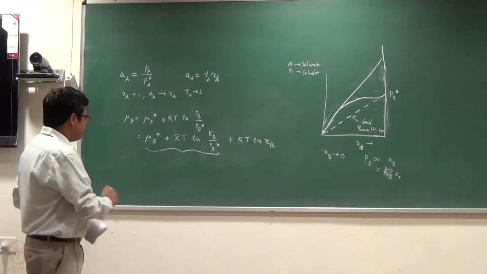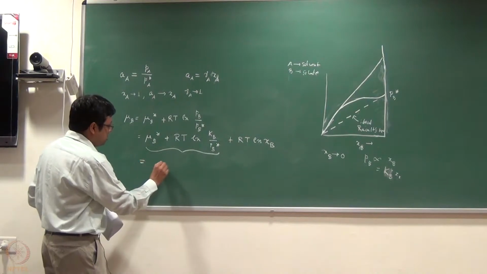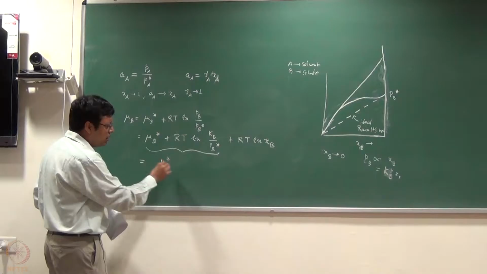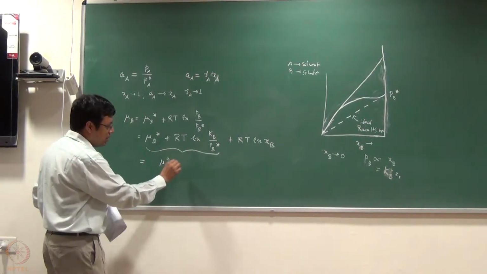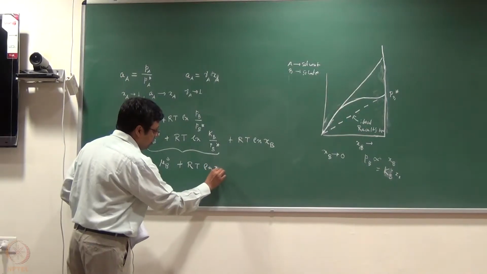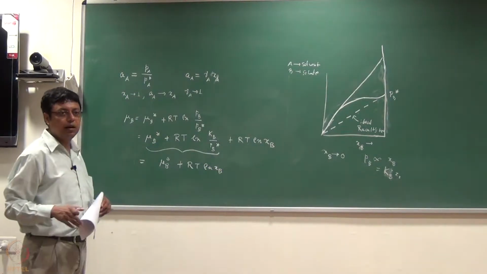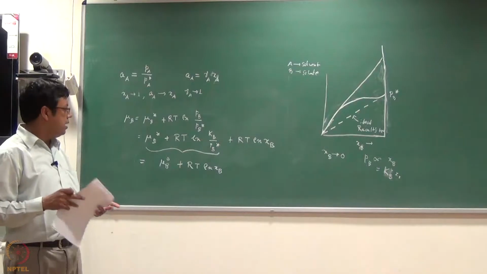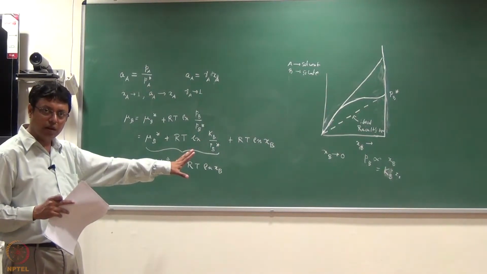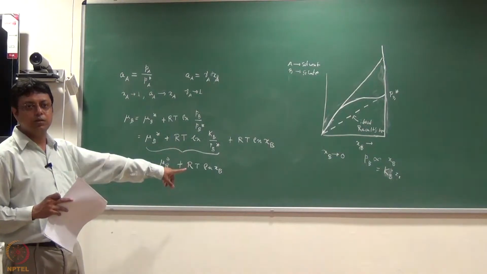So I'll write it as mu B0, kind of a standard potential, this entire thing, plus RT ln XB. Clear? Okay, and if this is valid for all the concentration, then this is called Henry's law.